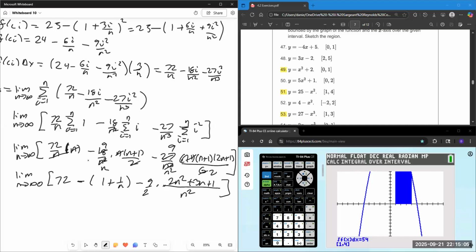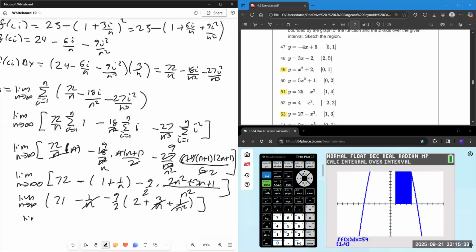That is the limit as n goes to infinity of 72 minus 1 is 71 minus 1 over n, and then minus 9 halves times 2 plus 3 over n plus 1 over n squared, and take the limit of all these things with n's in the denominator.